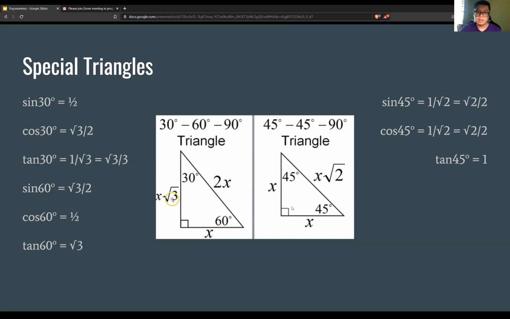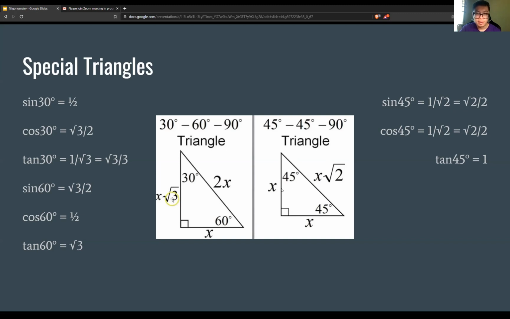We could have used this x as well, but we're going to stick with the opposite side, which is this x, and divide by the hypotenuse, which is x square root 2. You simplify that to 1 over square root 2. And once again, we can rationalize the denominator by multiplying both sides by square root 2, and you get square root 2 over 2.